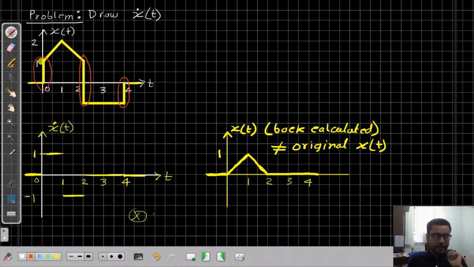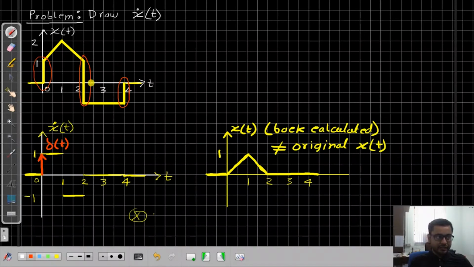So here I have a step increment of an amount of 1, 0 to 1. So I shall add a delta function, delta of t, with height or strength equal to 1. Then here I have a step decrement.